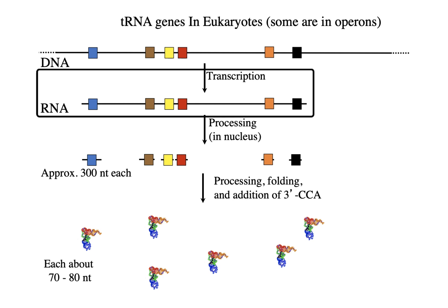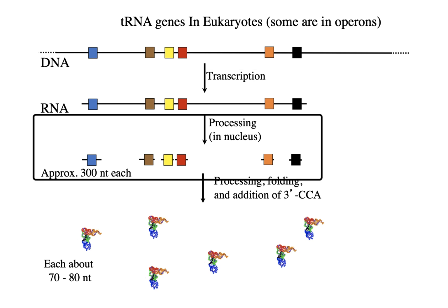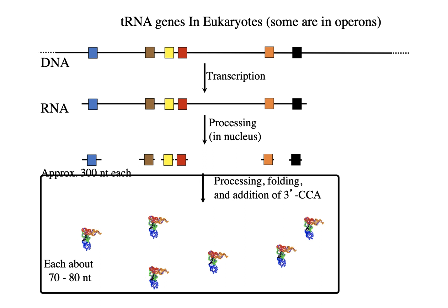So in eukaryotes, you have a long transcript. You get processing in the nucleus to about 300 nucleotides each, and then further processing to cut it down to the final 70 to 80 nucleotides, and to add the CCA onto the 3' end so that it's ready to accept the amino acid at that end.